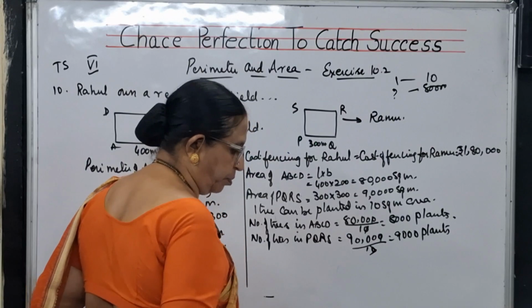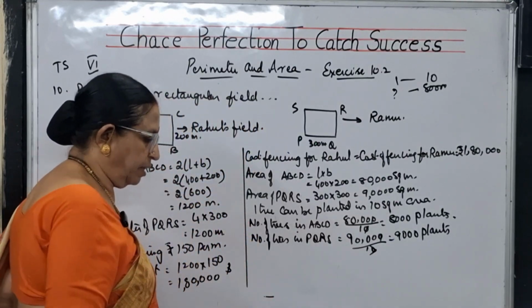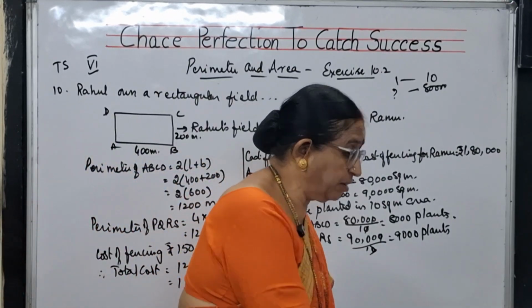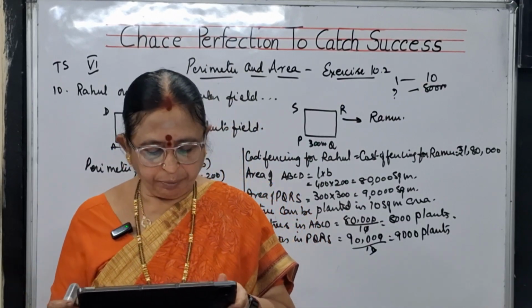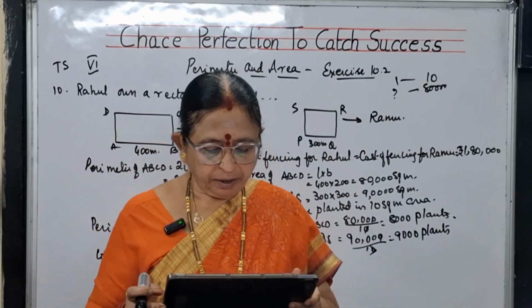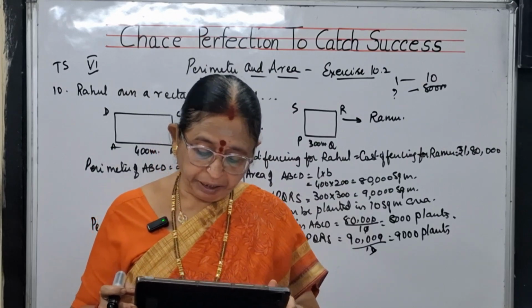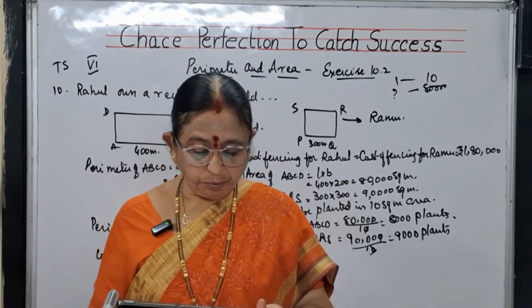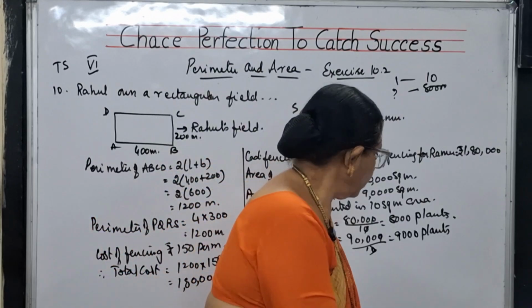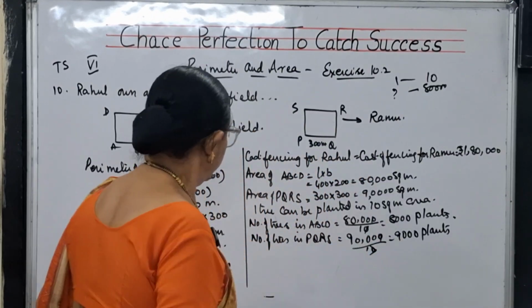If one tree can be planted in an area of 10 square meters, let me read the sum again. If one tree can be planted in an area of 10 square meter, who can plant more trees in his field, and how many more trees he can plant? So who can plant more trees?